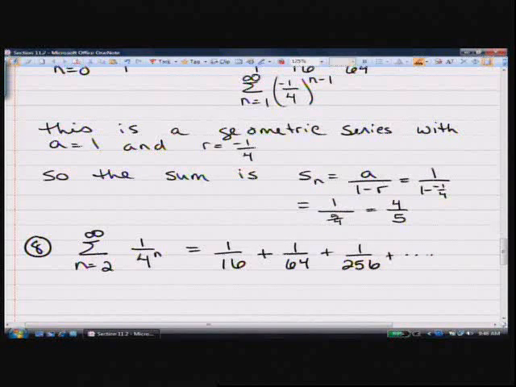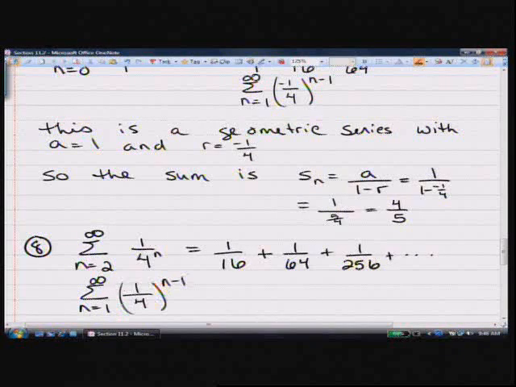Now, again, if you want it to be in the form for the geometric series, you can think of it as from 1 to infinity, and then this will be 1 over 4 to the n minus 1. Is that right? Is that going to work?